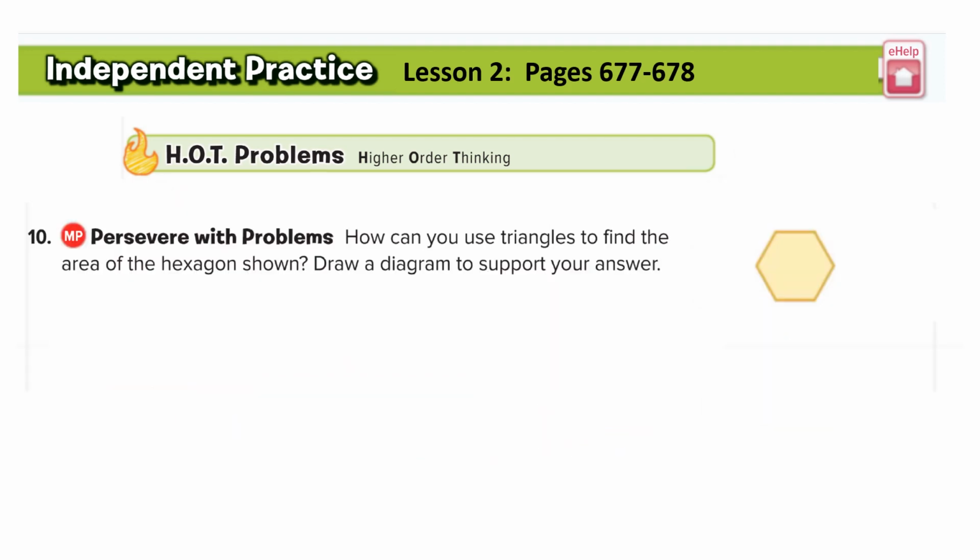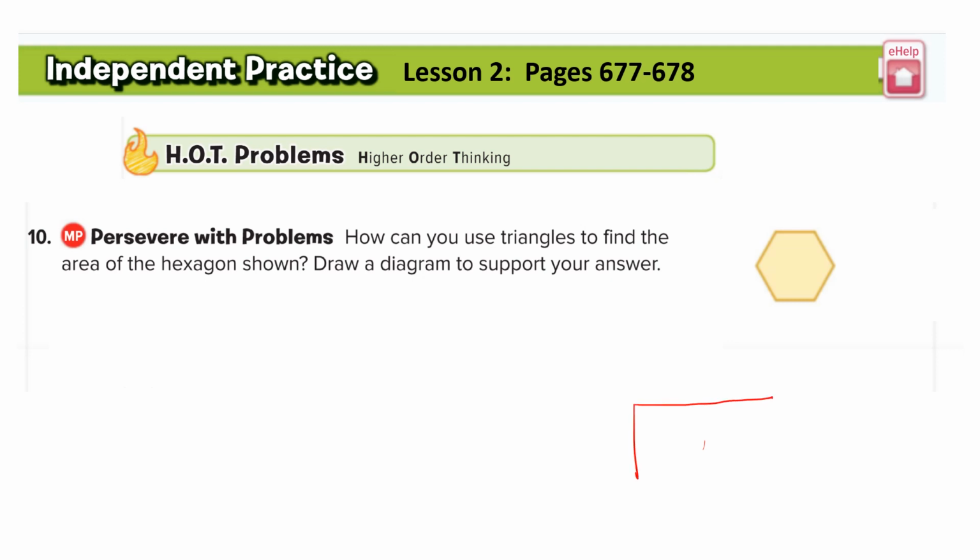Question number 10. Persevere with problems. How can you use triangles to find the area of the hexagon shown? Draw a diagram to support your answer. Now I want us to go back and think about when we were figuring out the formula for the area of a triangle.